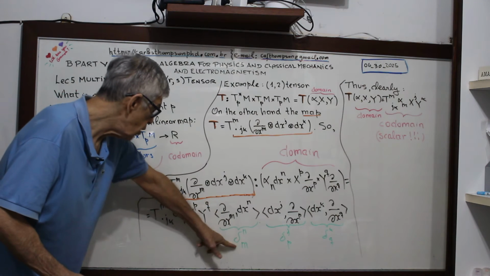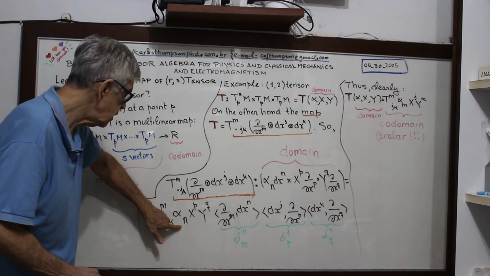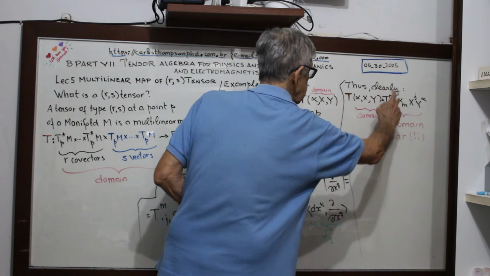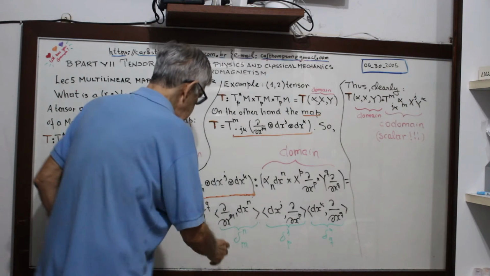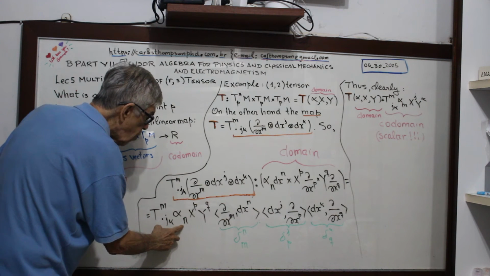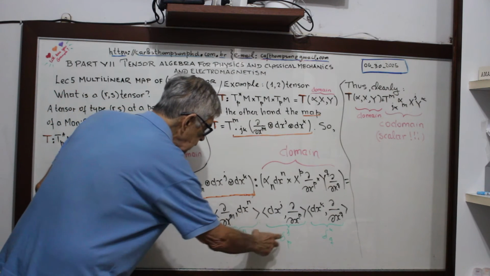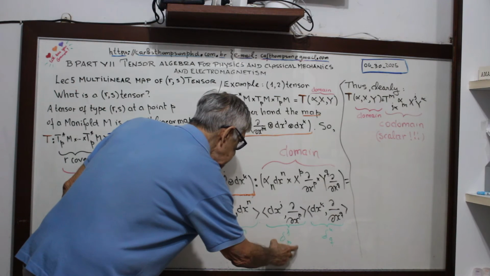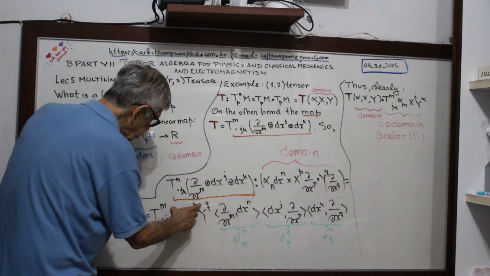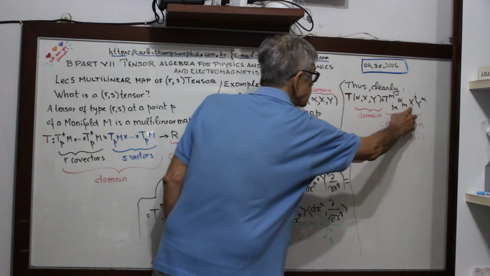Now I will apply the delta mn. You can act on M or on N. I wrote it just over here: delta mn will act on alpha n, and leads to alpha m. Likewise, delta jp, you can act on P or on J. I chose xj.